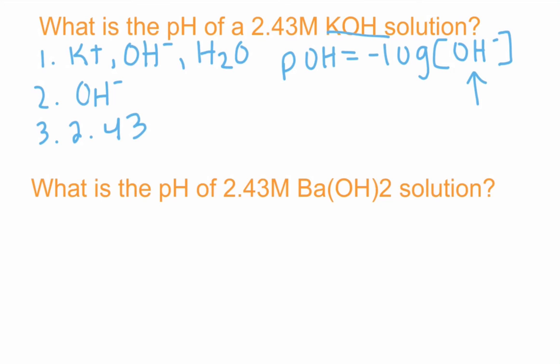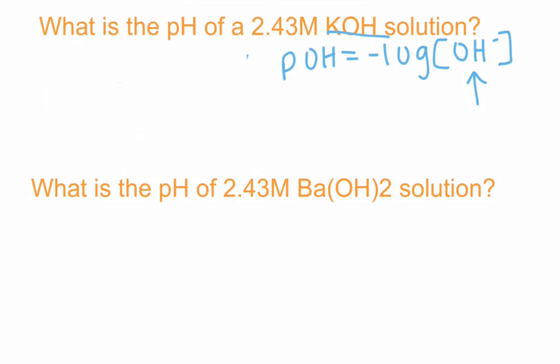I'm going to erase all this just so we have more room. And then when you solve, you get the pOH to be the negative log of 2.43, which is negative 0.3856.